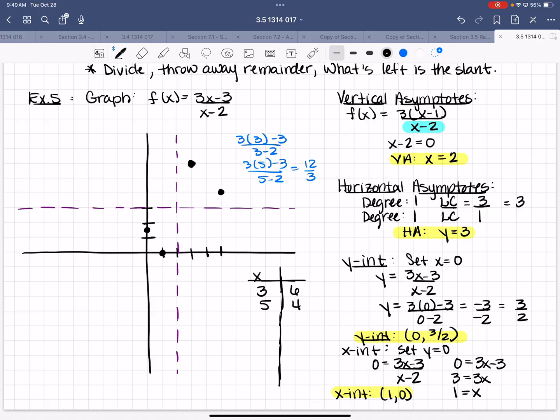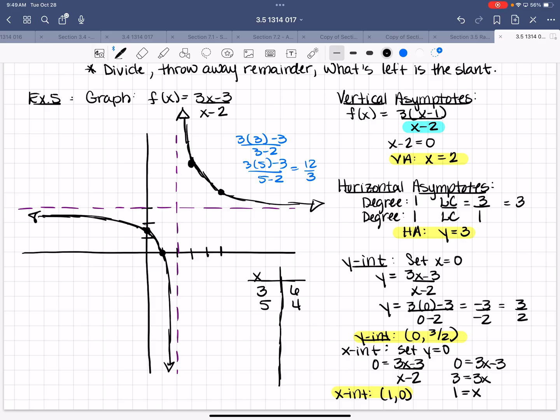Guys, when we had our rational functions, they make those wings. So I predict that since I have these points, I'm going to get the same halves going on like this, and we get a function that looks very similar to this.